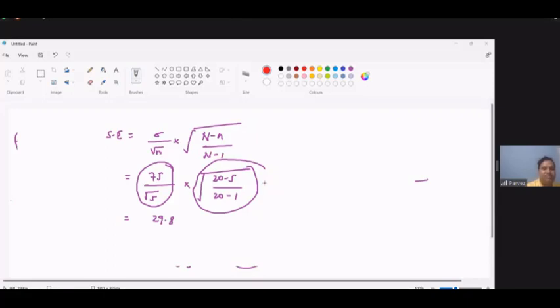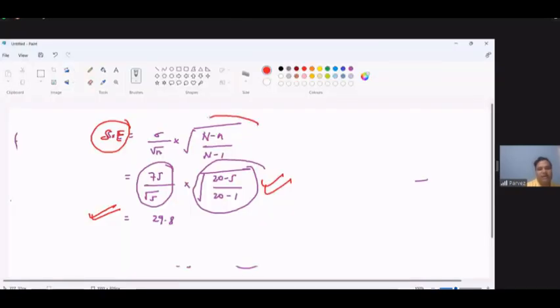We are not using the table value in this question. When Z is asked, or when probability is asked, then we use the table value. Here I have asked only for the standard error.